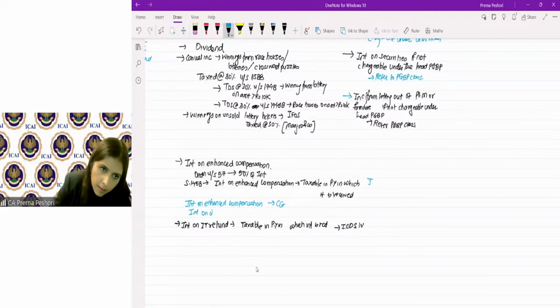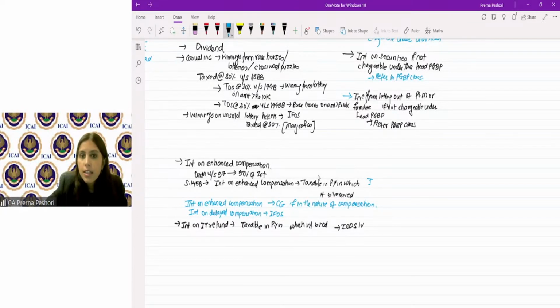Interest on delayed compensation: income from other sources, if in the nature of compensation. Fine.